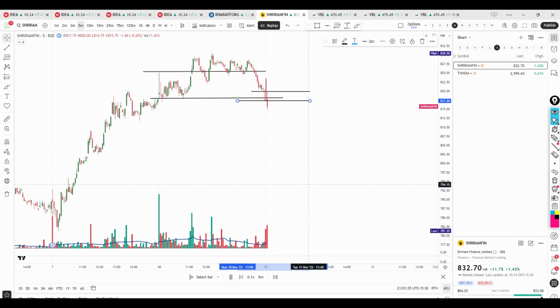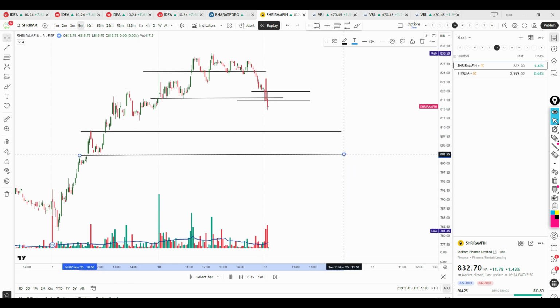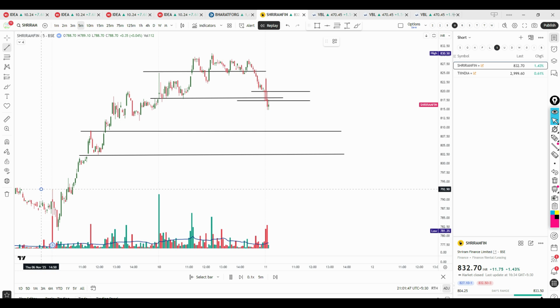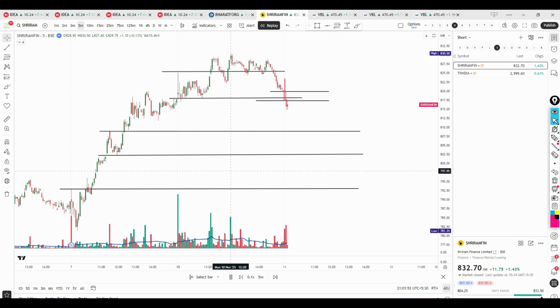After that, what happened? You see, till this previous low. Here your target is here or your target is here. You can trail the stop loss till this point. You remember, guys, always it is like this, previous low here also.